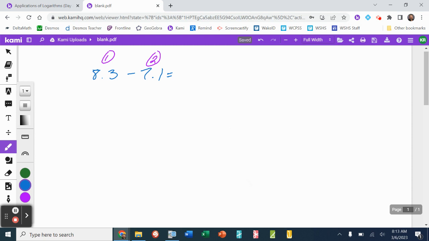So I'm going to say the common log of the intensity of earthquake number 1 divided by the standard intensity, minus the common log of the intensity of earthquake number 2, that is the 1989 earthquake, divided by the standard intensity.